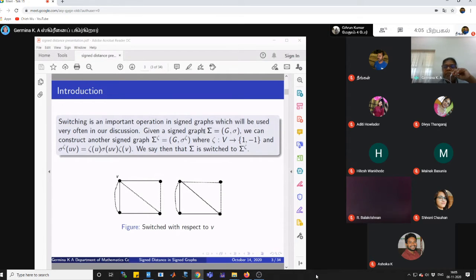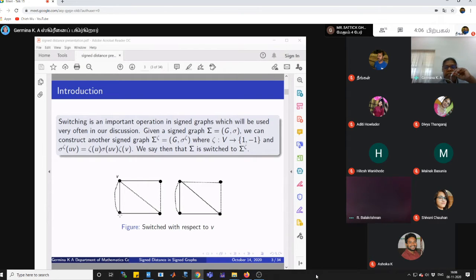Given a signed graph Σ = (G, σ), we can construct another signed graph Σ^η, where η is a function from the vertex set to {1, -1}, and we compute the edge sign σ^η(uv) as the product of the signs on u, v and the edge. This we say: from Σ we are getting the switched signed graph Σ^η.